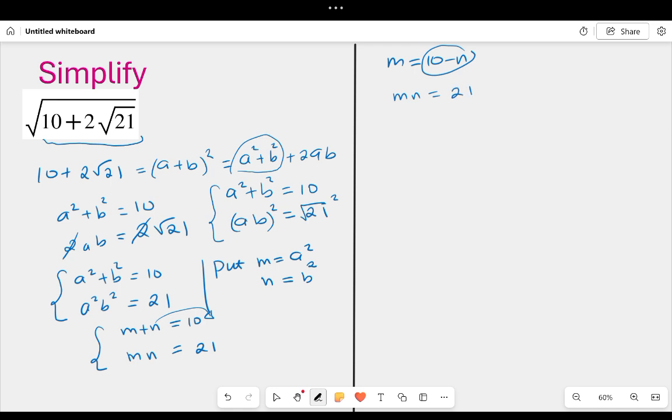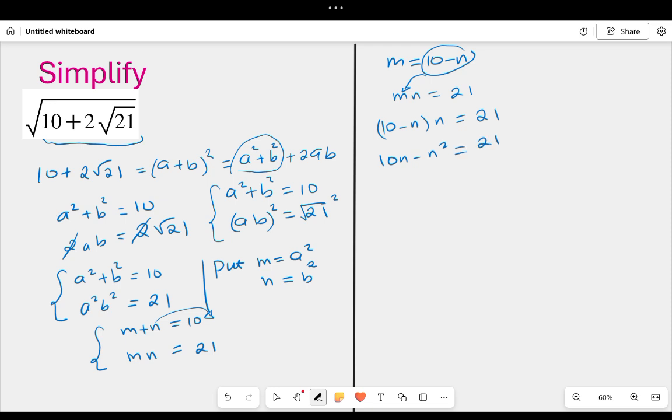Instead of writing mn, I replace m with 10 minus n, so 10 minus n multiplied by n is equal to 21. Opening the brackets, we get 10n minus n squared is equal to 21.